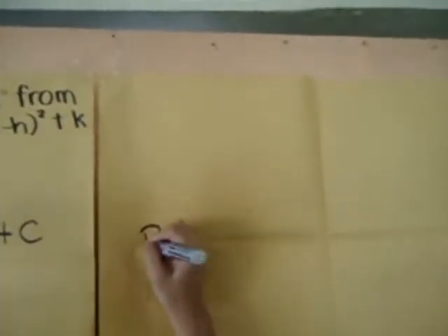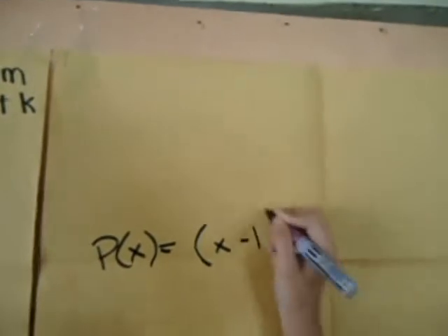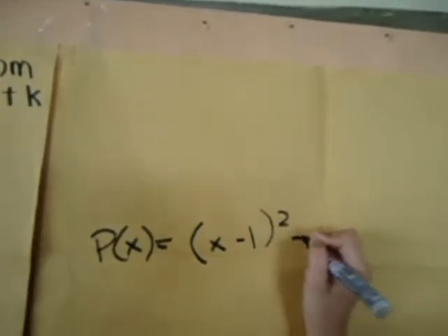Example: P of x equals x minus 1 squared minus 2. We will rewrite this to standard form.